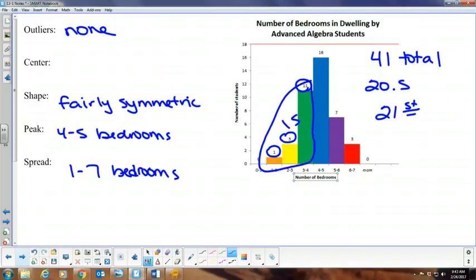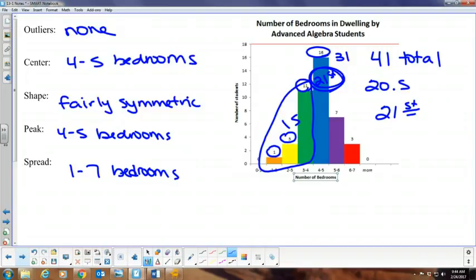So then where's my 21st? Well, if I add 16 to 15, I get 31. So that means my 21st is in this one right here. I don't know if it's 4 or 5, but I know it's in that bar. So my center is between 4 and 5 bedrooms. Hopefully you guys got that figured out when you paused it.